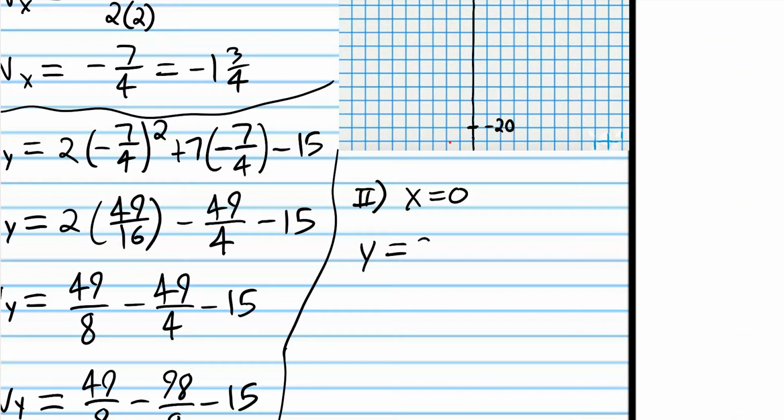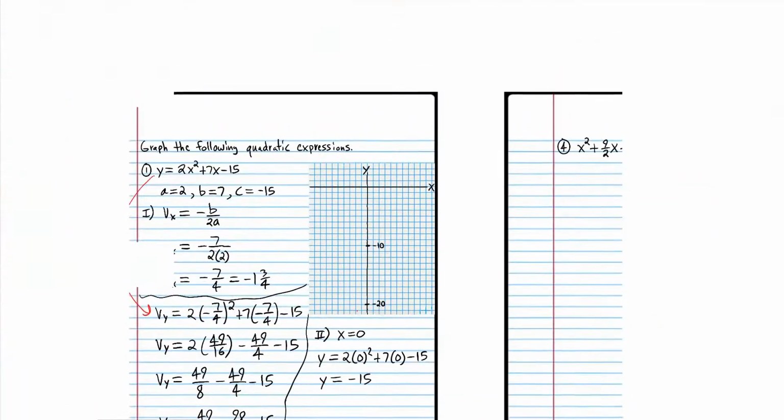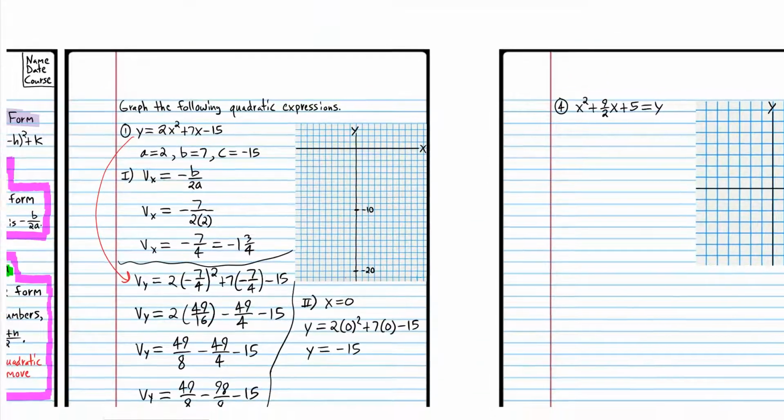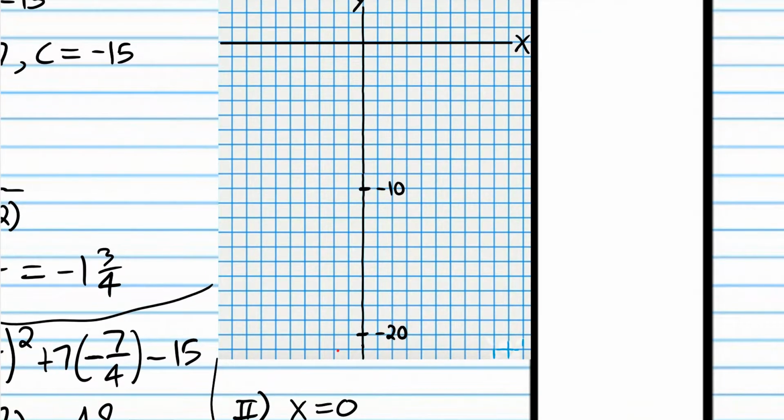So y is equal to 2 times 0 squared plus 7 times 0 minus 15. And I don't really need to do the math here. You can see all this stuff is just going to go away, and you end up with negative 15. So 0 and negative 15. We're going to plot that, and that's going to be about here. I'm going to go ahead and mark that 0 and negative 15.